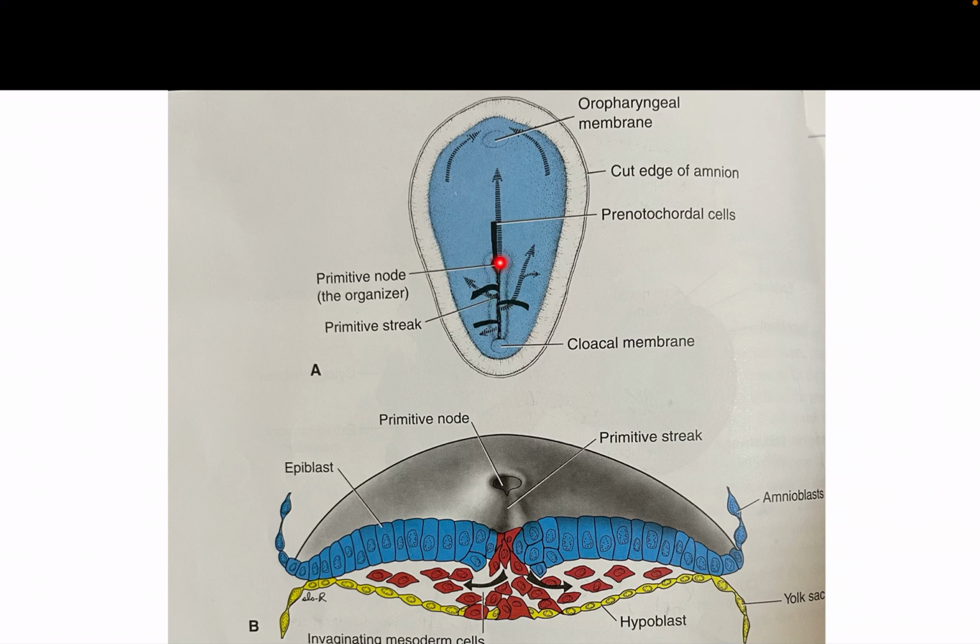So the total derivatives of the primitive node and streak, if we repeat again: from the primitive node in the midline, number 1 is the prechordal plate, number 2 is the prenotochordal cells, number 3 is the cardiogenic cells, and number 4 is the medial half of the paraxial mesoderm. And from the primitive streak, most anteriorly, the lateral half of the paraxial mesoderm.